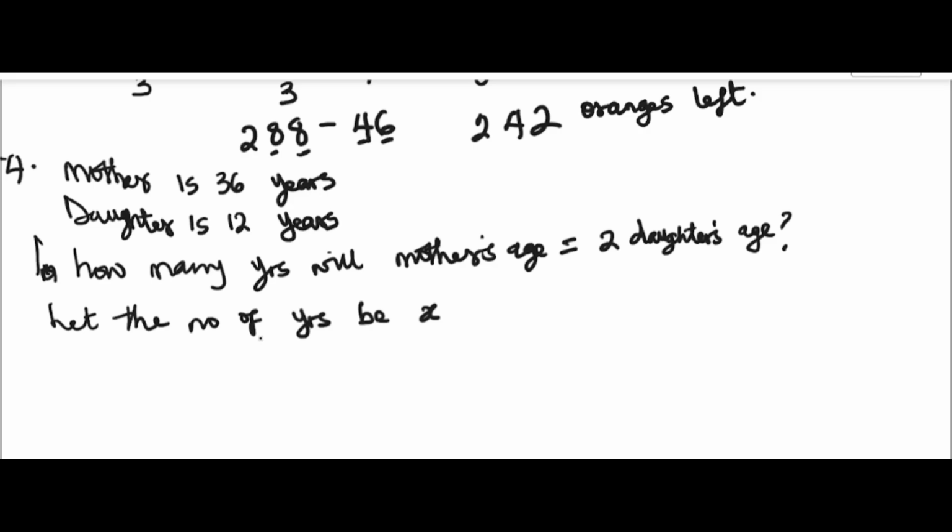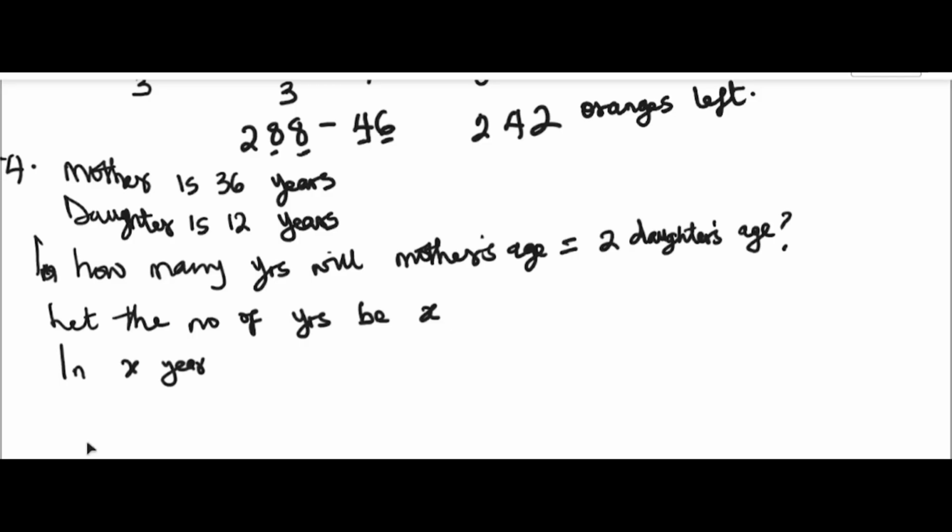So that means it will actually happen in X years' time, right? So in X years, that X years is the year that it will happen. When the mother's age will become twice the daughter's age.